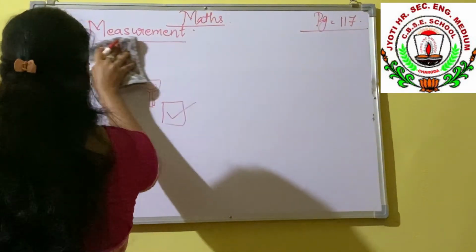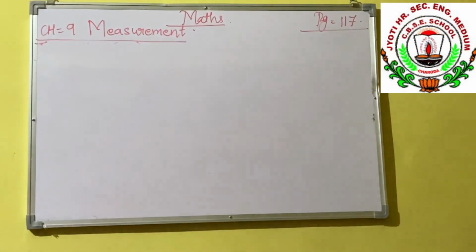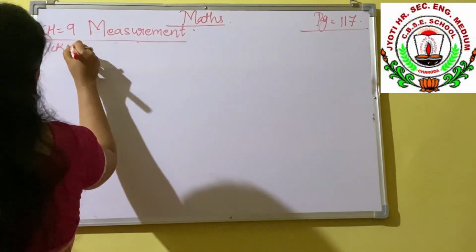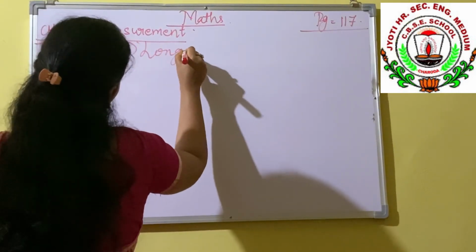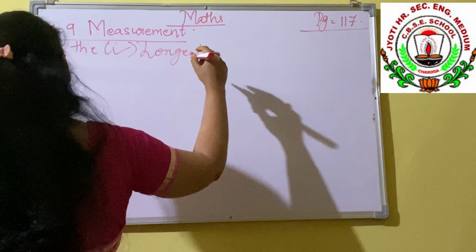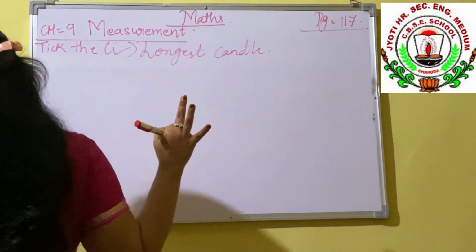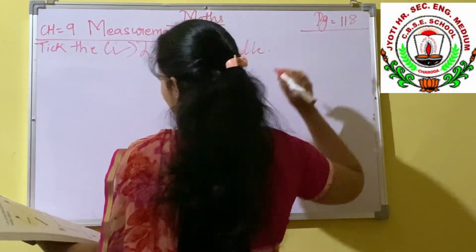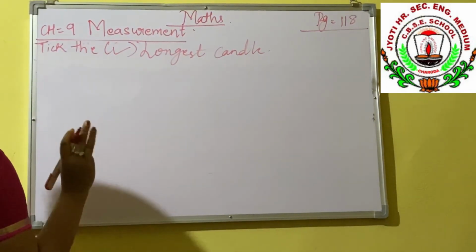Now next one is take the longest candle. Longest means सबसे बड़ा. Take out page number 18. In page number 18, there are 3 candles drawn over here.